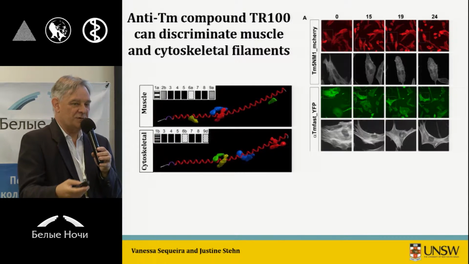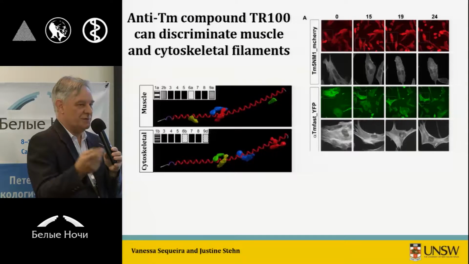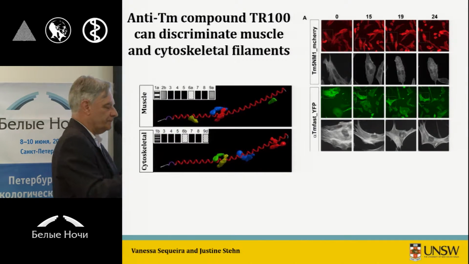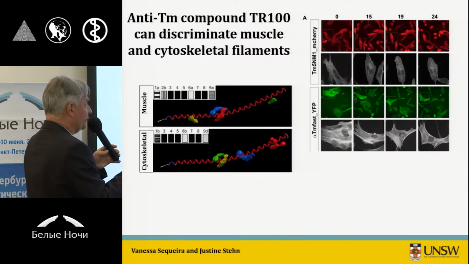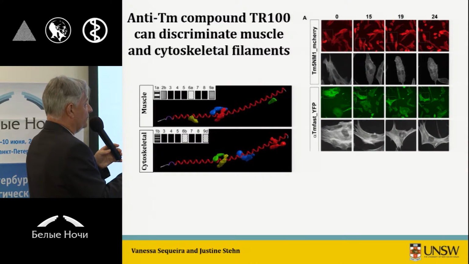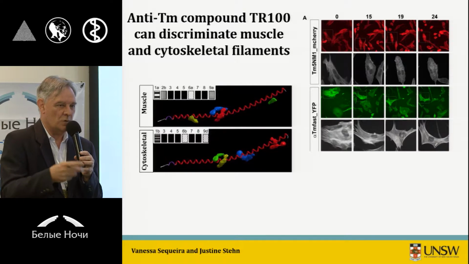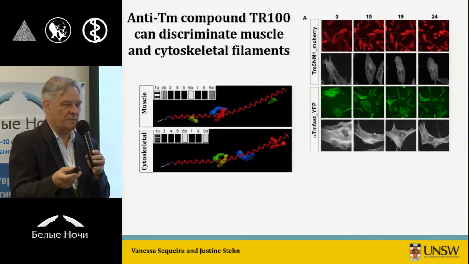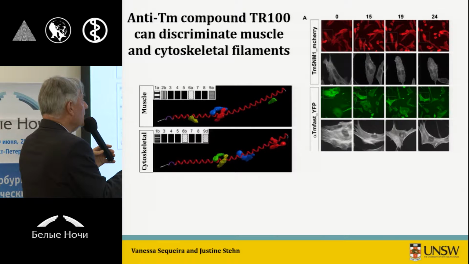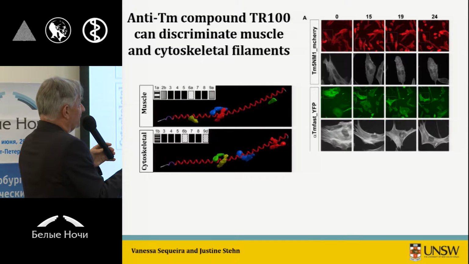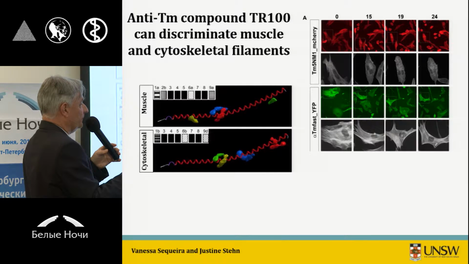We then exposed the cells that expressed these two different types of tropomyosin to the drug, and then over 24 hours we made movies and we asked the question, what happens to the structure of the cells? What you see is after about 15 hours, the target tropomyosin, which was originally organised as big cables, now starts to become diffuse and becomes increasingly diffuse.